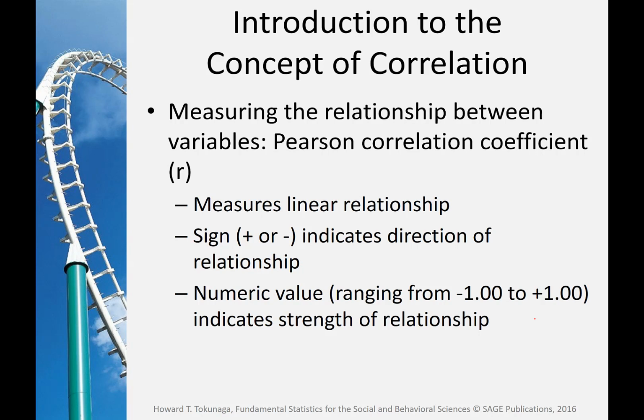Again, no curves, no shifts in influence, just a straight, linear, either positive or negative relationship. The sign of the correlation indicates the relationship. If it's positive, as X increases, Y also increases. If it's negative, as X increases, Y decreases, goes down.